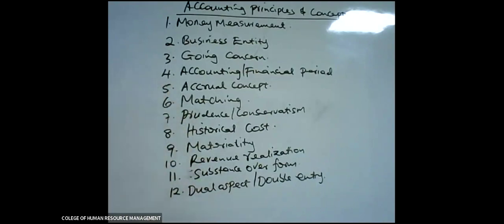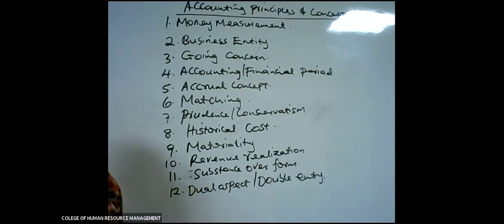Accounting period, or the financial year: this is the period, usually 12 months, in which the performance of the business is evaluated by preparing the books of accounts.